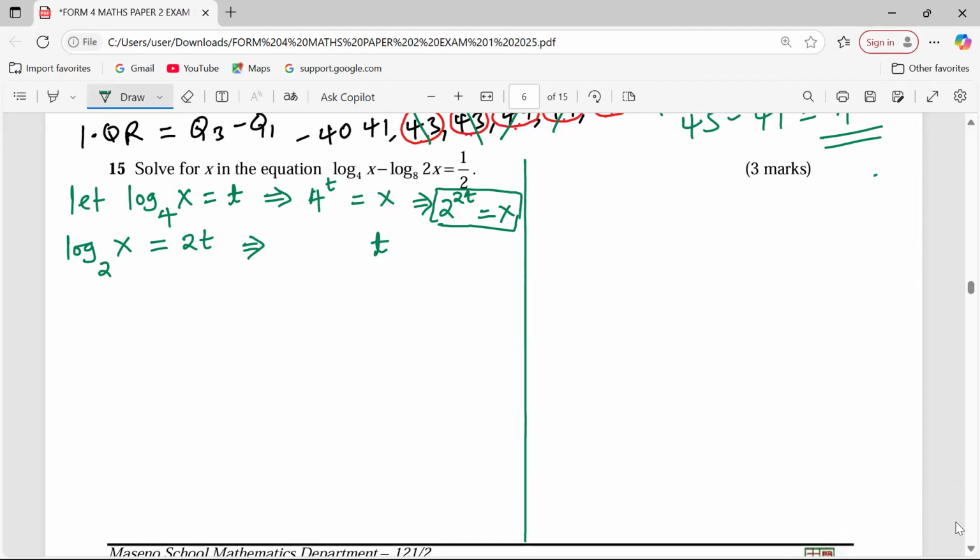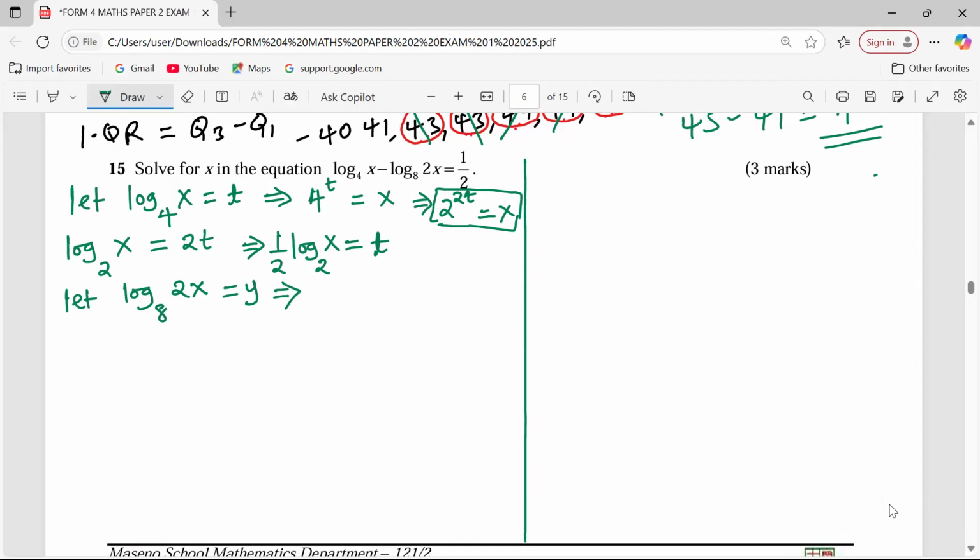It can only be so by dividing through by 2. When you divide through by 2, then the left hand side shall be half the log of x to base 2. So t has been changed. After changing t, let us also work with the log. We let the log of 2x to base 8 be something like y.